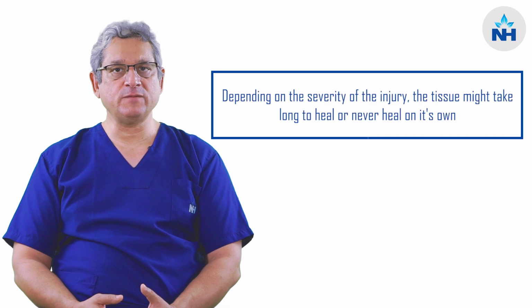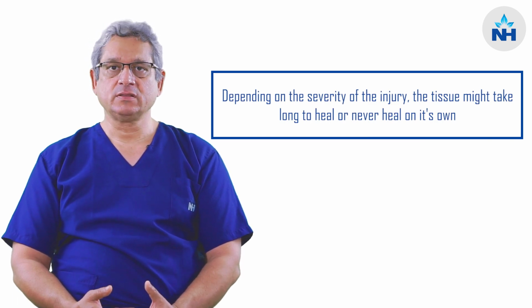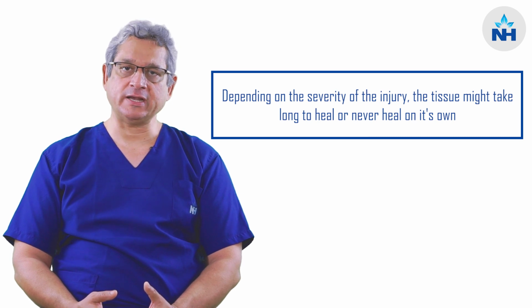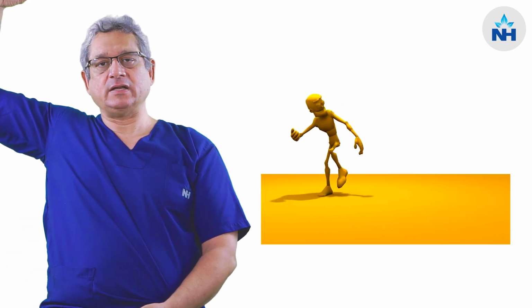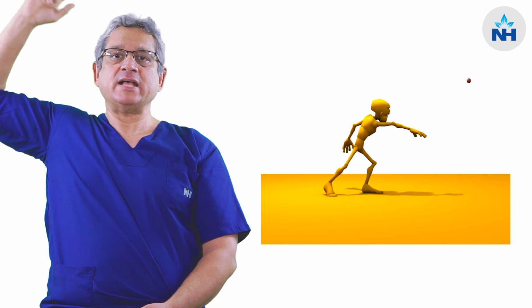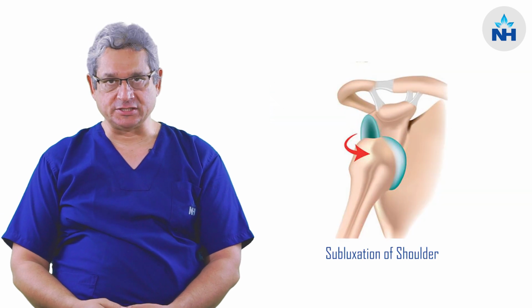Now, depending on how much the trauma was, what was the initial amount of injury, the tissue may not heal on its own in a natural manner, in a satisfactory way. In such cases, whenever the patient is bringing his limb outwards and upwards, as in a throwing position, they may suffer from a repeated dislocation of the shoulder or a subluxation.